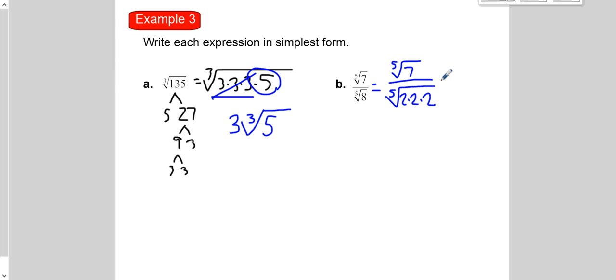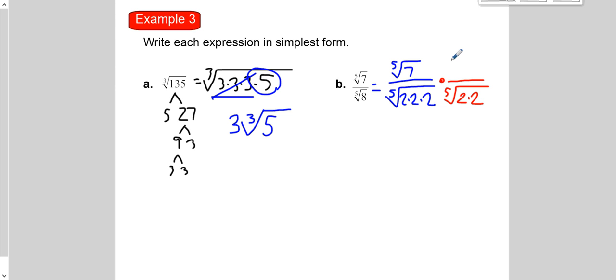What we have to do is multiply by a form of the number 1 so that we're changing the appearance but not the value of our fraction. We're going to multiply it by the 5th root of something so that we have 5 2's. We already have 3. How many more do we need? We need a set of 5. So we need 2 more 2's.